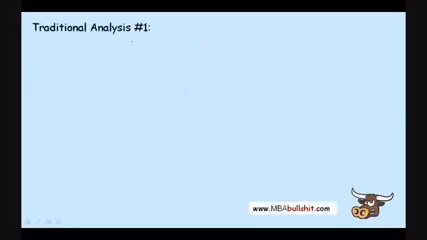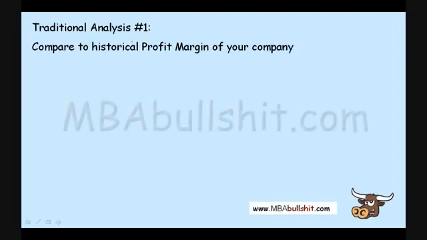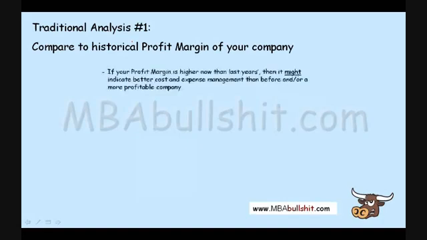Now, there are also some traditional ways of analyzing financial ratios, and the first is to compare your most recent profit margin, based on last year's profits, with your historical profit margin.